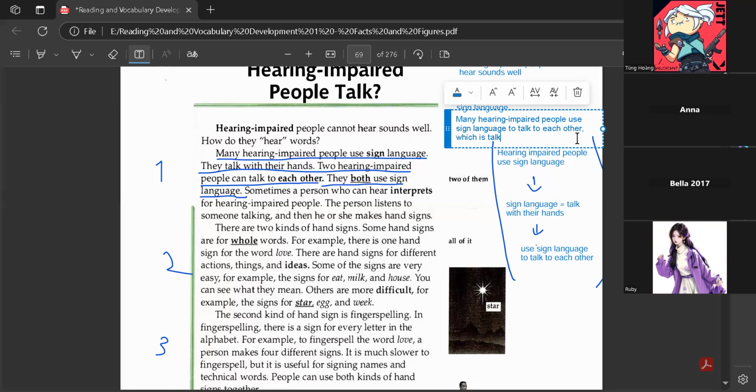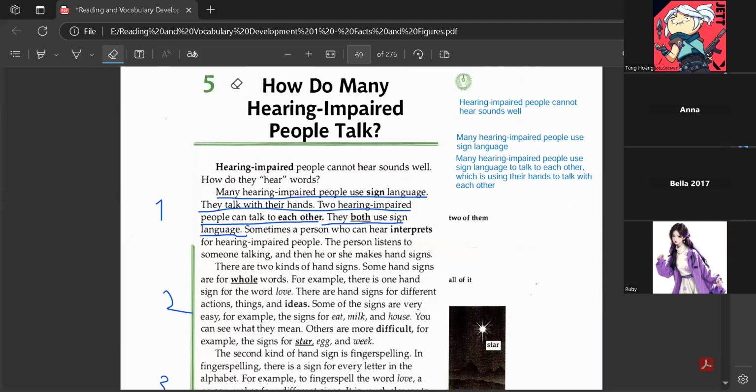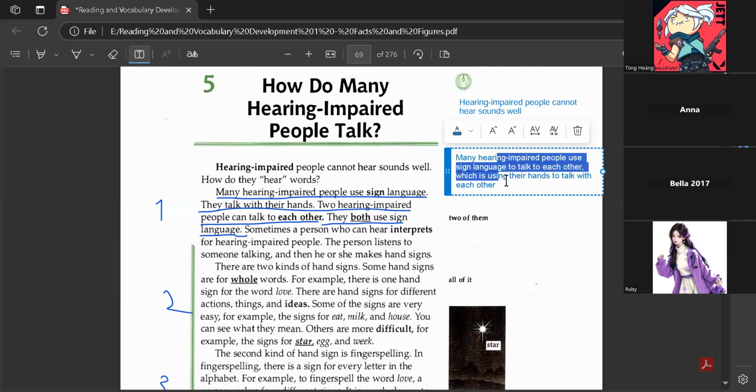Right, but this doesn't make sense. Which is using hands to talk, using their hands to talk with each other. So this sentence is the whole meaning of the four sentences that I just combined. Okay? But I think I'm going to put this away. All right.